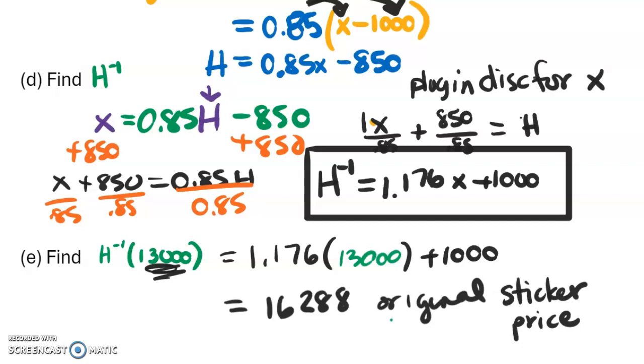So plug in the discount for X and you will obtain the original sticker price. And if you paid $13,000 for a car, the original sticker price would be $16,288 if that was the discounted price, the $1,000 rebate, and then the 15% off.